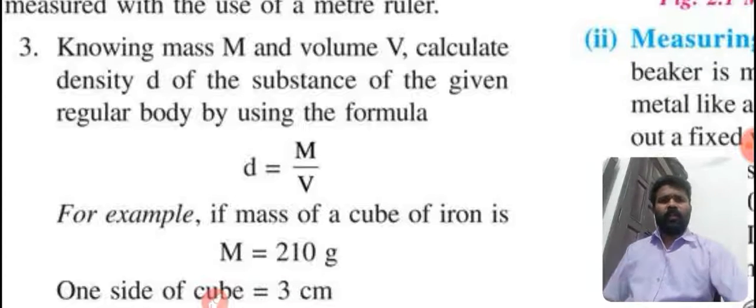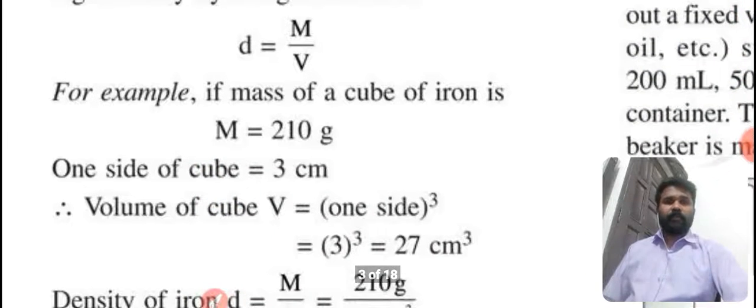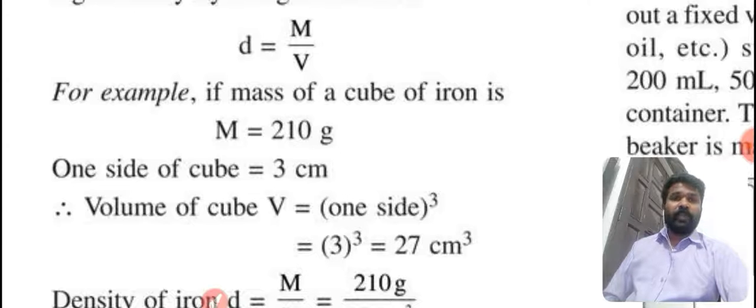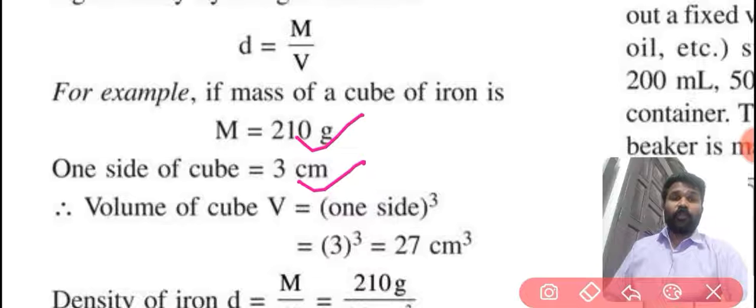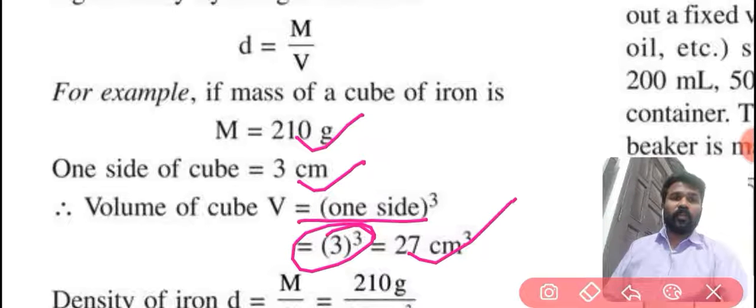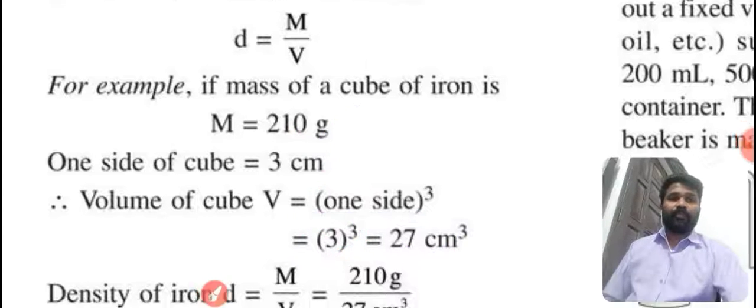For example, one example we can consider here. If mass of a cube of iron is 210 gram, means M is equal to 210 gram. One side of a cube is equal to 3 centimeter. Volume of cube is equal to one side cube, you know that, 3 cube, that is equal to 27 centimeter cube.